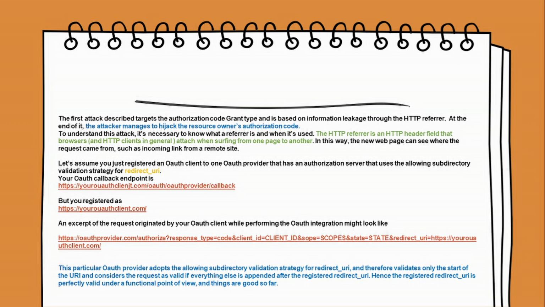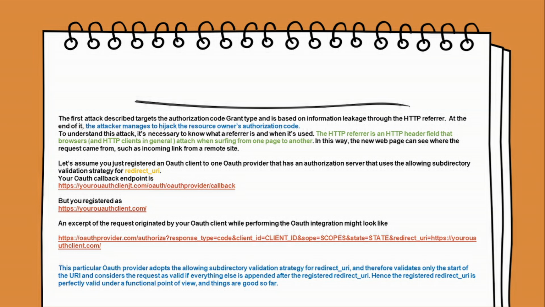Here your OAuth callback endpoint is https://your-oauth-client.com/oauth/oauth-provider-callback, but what you are registering at the authorization server is https://your-oauth-client.com only, and the design allows subdirectory validation. That means if the request comes from the client with the callback endpoint address, it is going to be allowed because subdirectory validation is allowed.